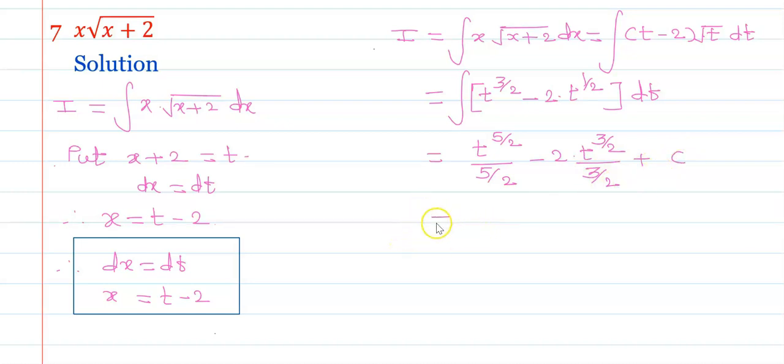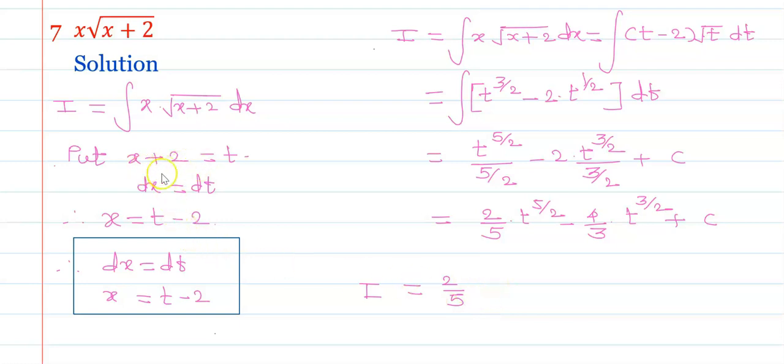And after simplification, you will get 2 by 5 t raised to 5 by 2 minus 4 by 3 t raised to 3 by 2 plus c. Okay. Now we substitute the value of t, and therefore our integral I is equal to 2 by 5.